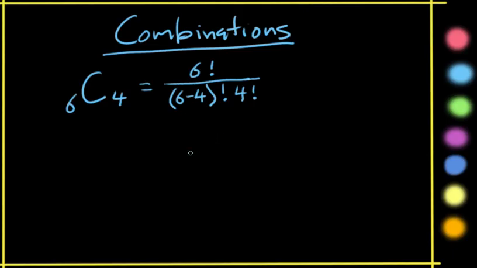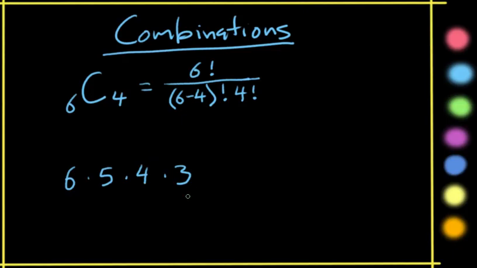Yeah, so let's think about this for just a minute. If I was putting them in order, I would have 6 choices for the first one, times 5 choices for the second one, times 4 choices for the third one, times 3 choices for the fourth one.